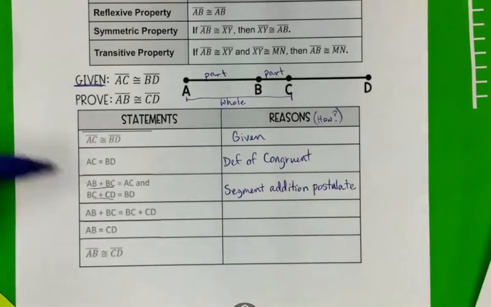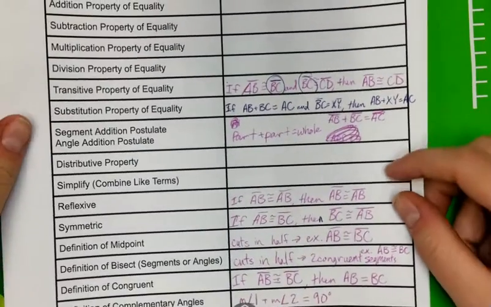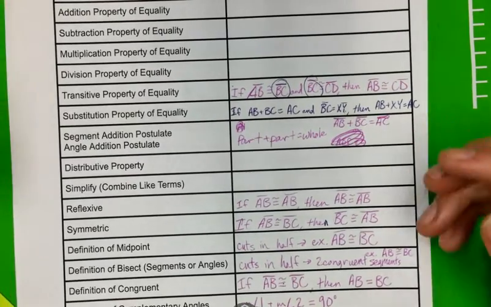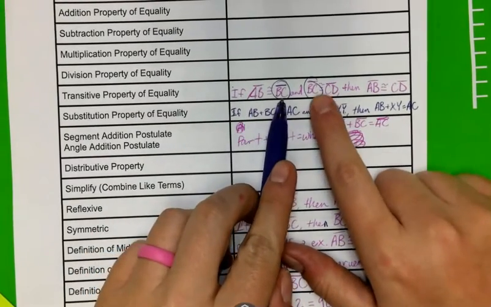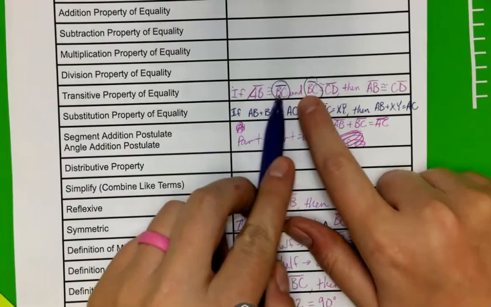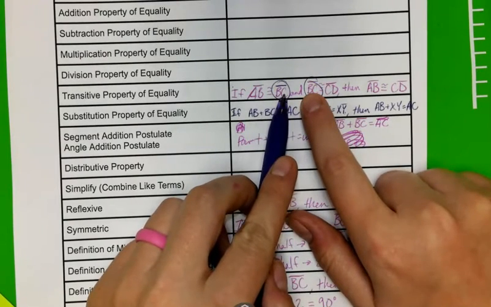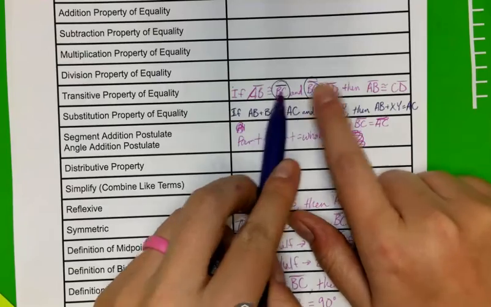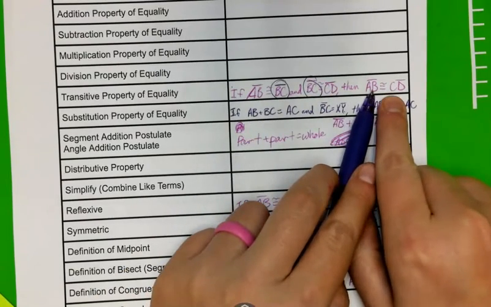Really, the 2 things that we're looking at is either transitive or substitution, trying to figure out which one it's going to be. So you've got to remember in your head, transitive is only if an entire half of an equation are the exact same, and then we can take the other half and smash them together right here.